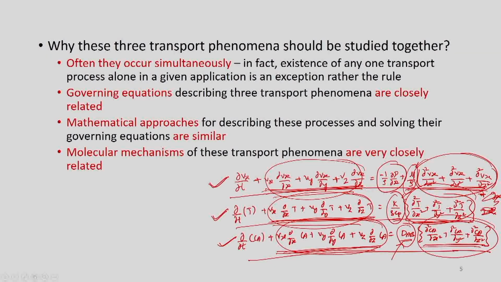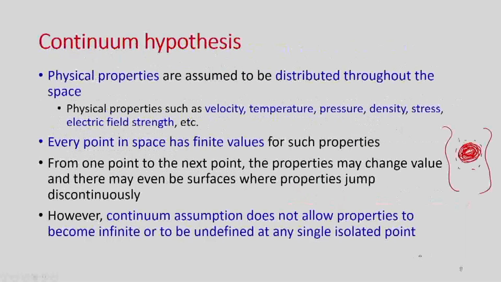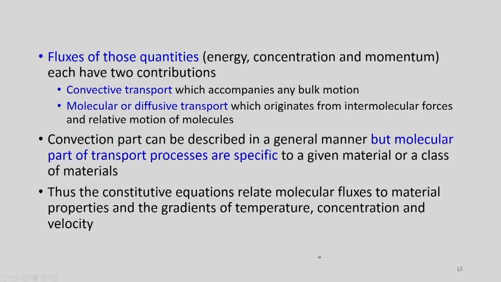So these three have to be studied individually, whereas the transport due to the bulk motion can be described in a general manner. So the convective part can be described in a general manner, but the molecular part of transport processes are specific to a given material or class of materials.